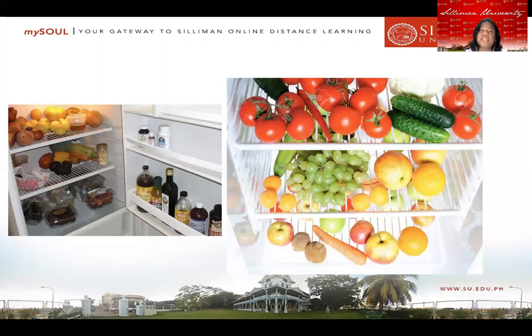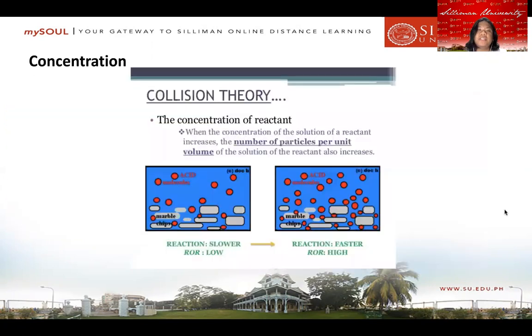So you have to put these fruits inside a refrigerator to lower the temperature so that they will not get spoiled easily. Or with other products, let's say your milk or even your medicine or some of your leftover food, you put them inside the refrigerator because by lowering the temperature, we also slow down the rate of reactions of the substances present in our food, fruits, and vegetables.